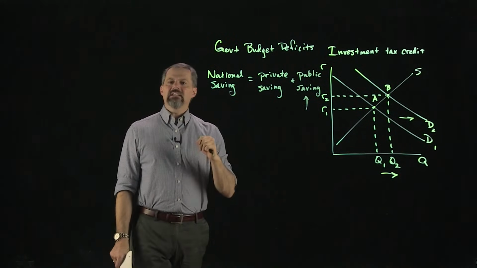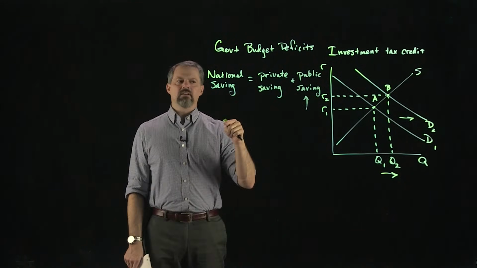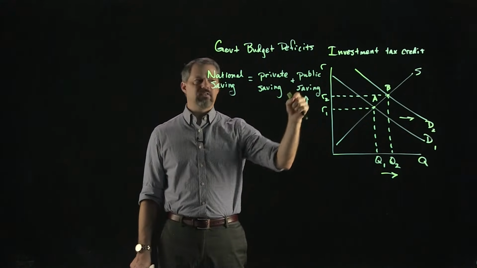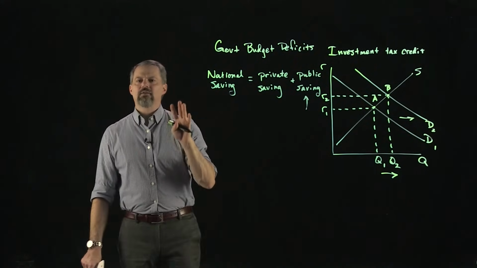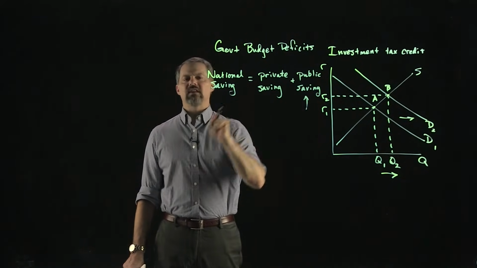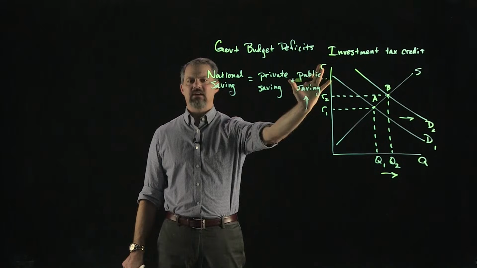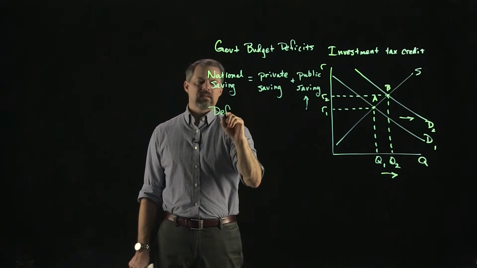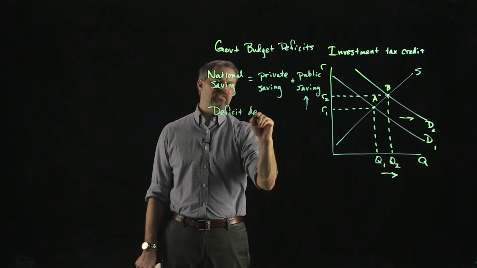Well, if government spending is bigger than taxes, then this public saving is going to be negative. So if the government starts from a balanced budget, this would be zero. And if all of a sudden they start running a deficit, this would turn negative. So the deficit would decrease national saving.